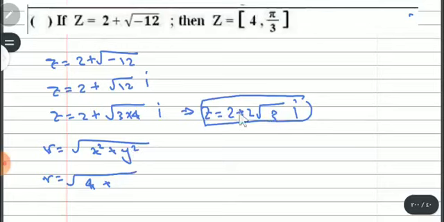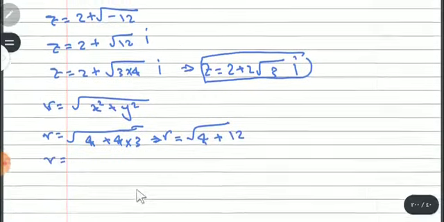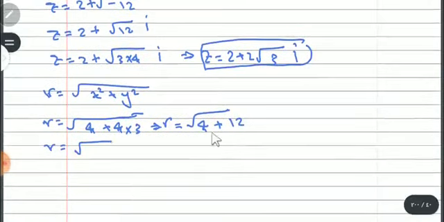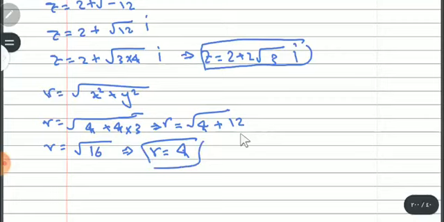So the square of 2 equals 4, multiplied by the square of the square root of 3, which is 3. So r equals the square root of 4 plus 4 multiplied by 3, which is 12. So 4 plus 12 is 16, and the square root of 16 equals 4. The length must be positive, okay? Don't forget this information.